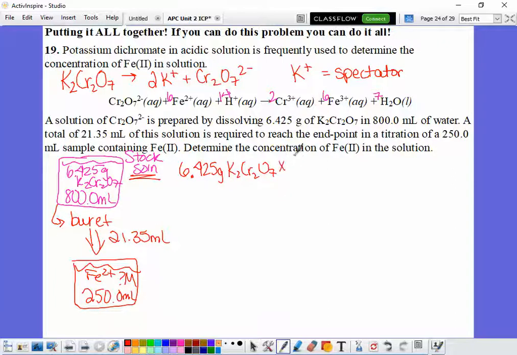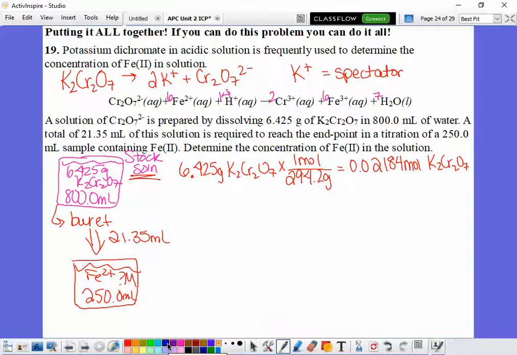Moles. For the sake of time, I'm just going to give you that molar mass. It is 294.2. So when you divide that, you should get 0.02184 moles of potassium dichromate.